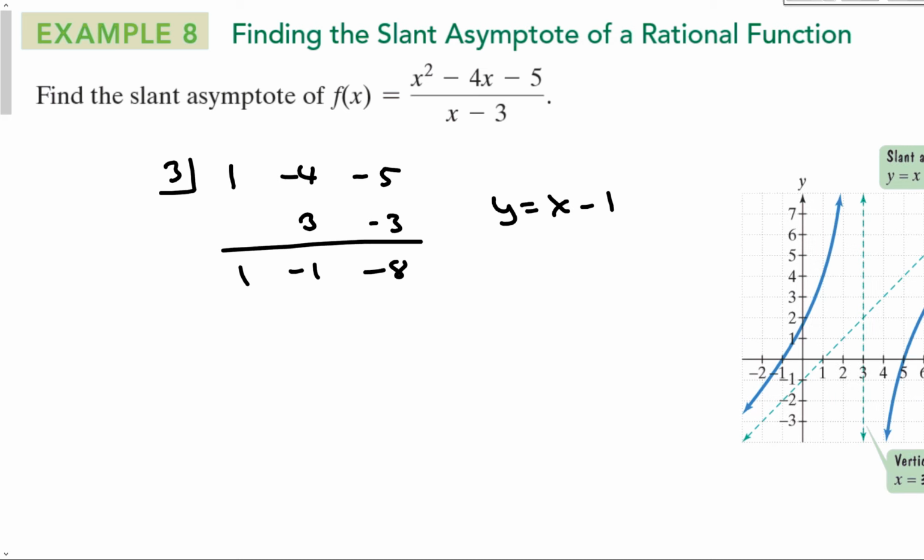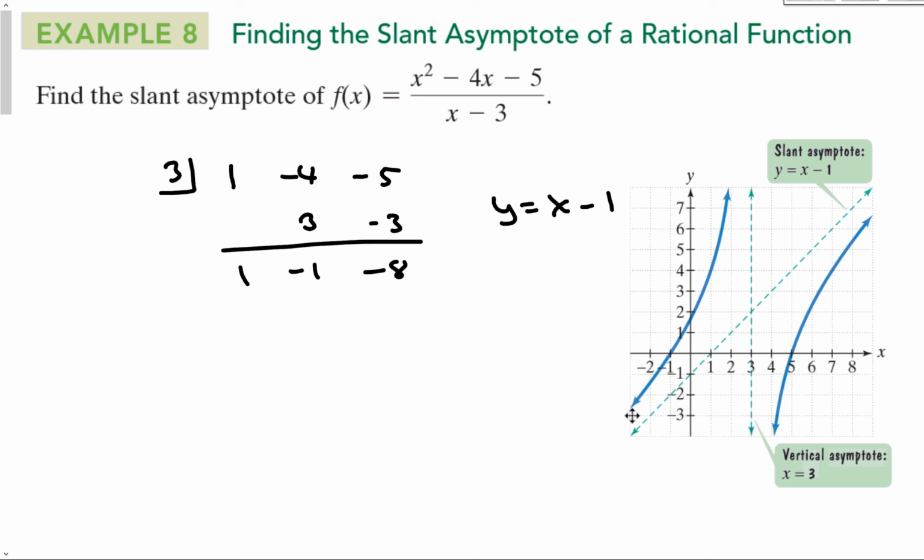And if I look at the graph, I have my vertical asymptote at 3, and I have my slant asymptote at y equals x minus 1, which I should kind of know how to draw. Okay, right? Y-intercept, slope. And then I could go about plotting the rest of these points.